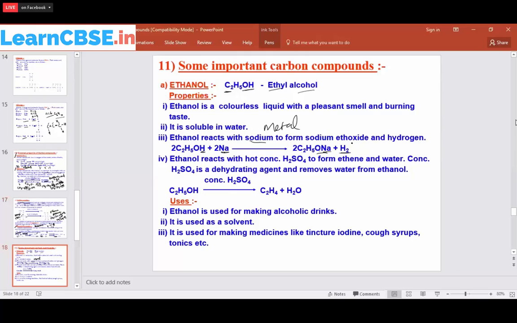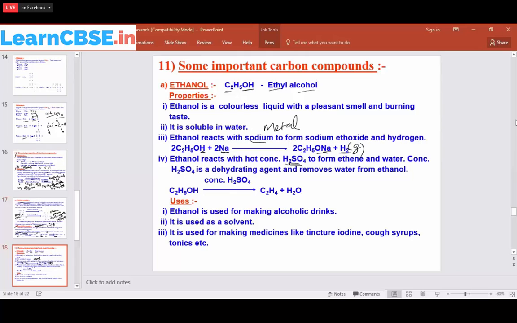Hydrogen is a gas, so it will give bubbles. From that we can identify that the reaction is going on. The next reaction is ethanol reacts with concentrated H2SO4, which is nothing but sulfuric acid. It forms ethene and water. What is the role of the sulfuric acid?